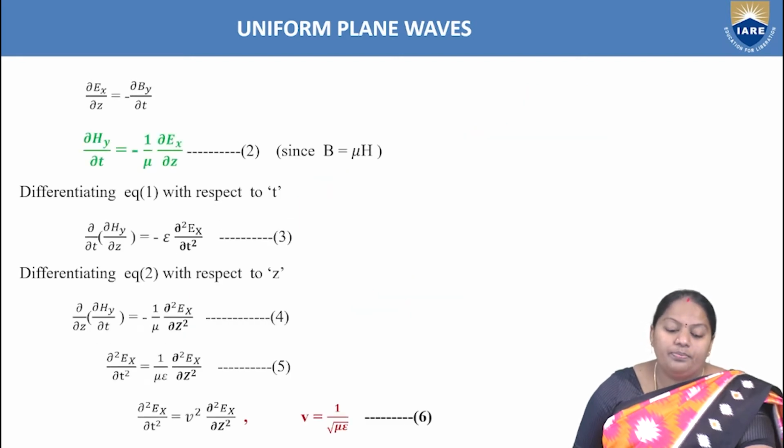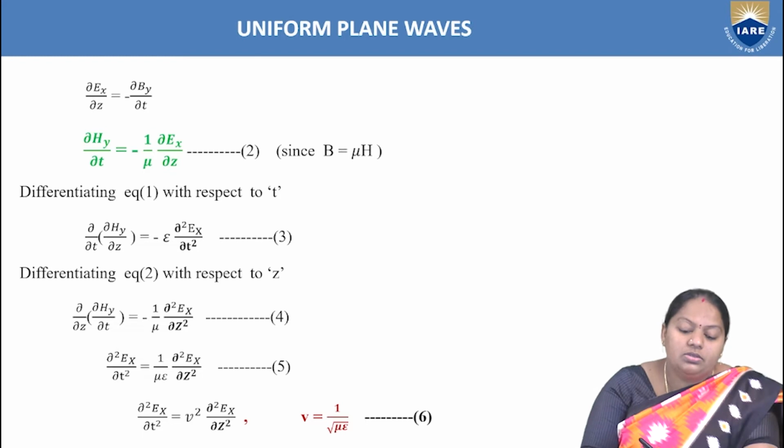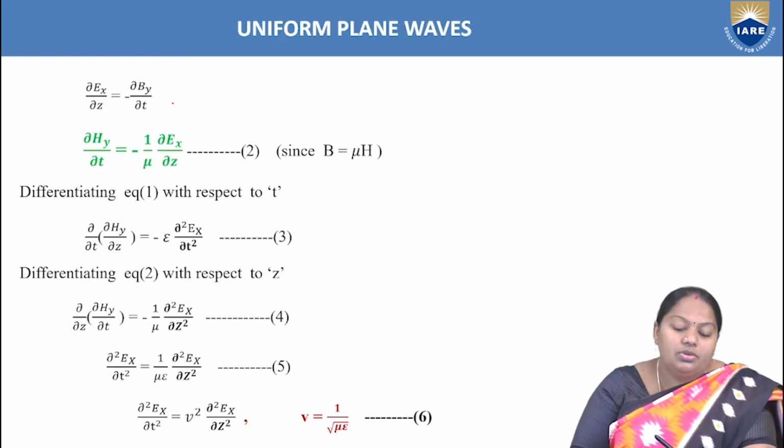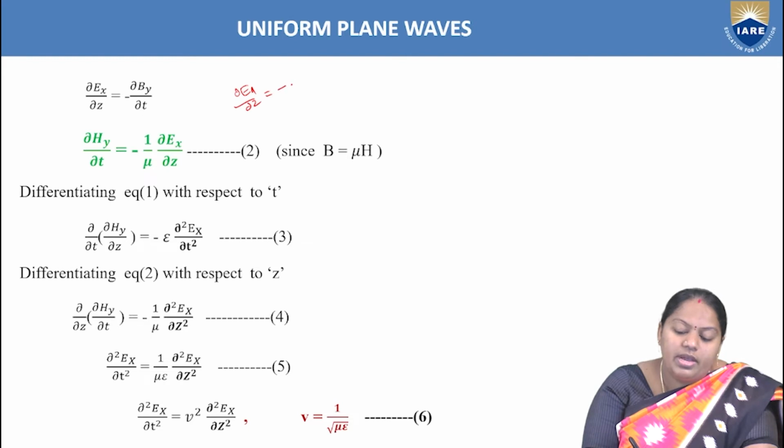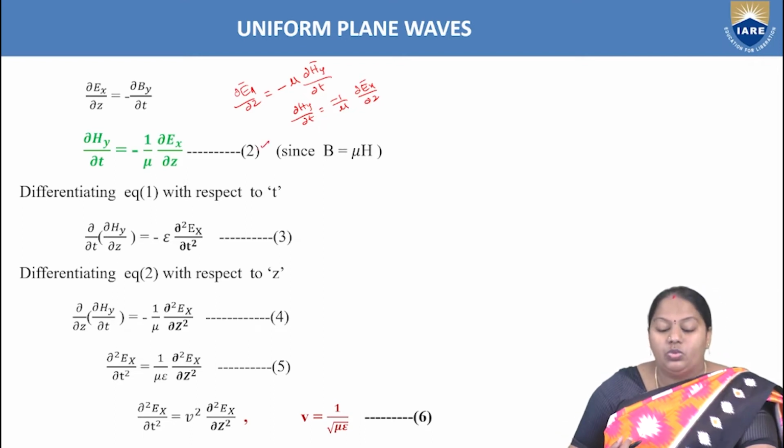Right? So, now ∂Ex/∂z is equal to minus ∂By/∂t, or if you substitute B by mu into H, then ∂Ex/∂z is equal to minus mu into ∂Hy/∂t. Or ∂Hy/∂t equal to minus 1 by mu into ∂Ex/∂z. We consider that as equation number 2.